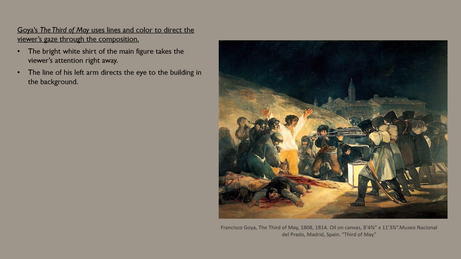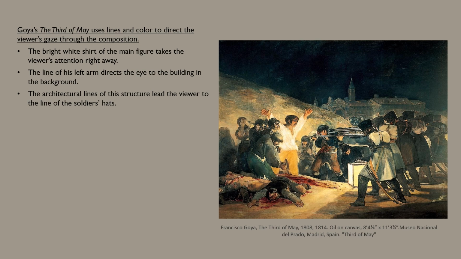And because of this outstretched arm, the figure's left arm, right? This leads us to this building in the background. And then the lines, the horizontal lines moving across, we can go up the spire and across this building. And this leads us to these repeating forms of the heads of the soldiers, their hats, right?